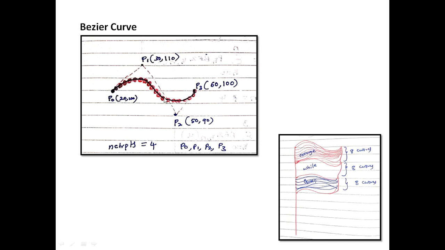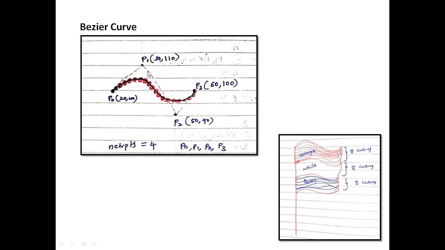If I want to create one curve like this, the curve is a collection of pixels, and every pixel in it has neighbor pixels, except the first pixel P0, which has no left neighbor, and the last pixel P3, which has no right neighbor. It has a left pixel but no right pixel. So this is the definition of a Bezier curve.